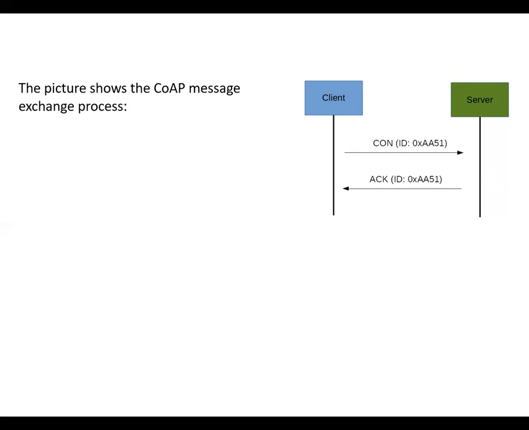So at the moment, client is sender and the server is the recipient. The message ID, you can see, is in hexadecimal format, 8851, and after receiving that message the server responds with the same message ID, and the label of this message is ACK, which means acknowledgement.